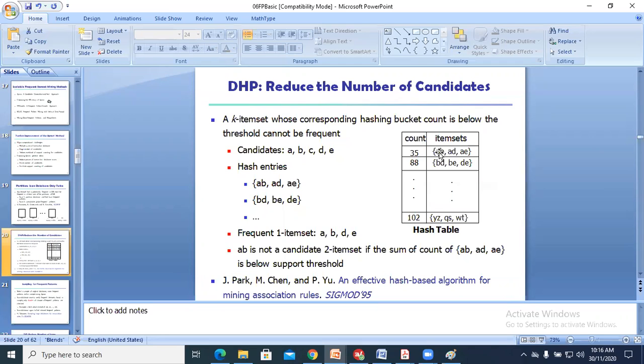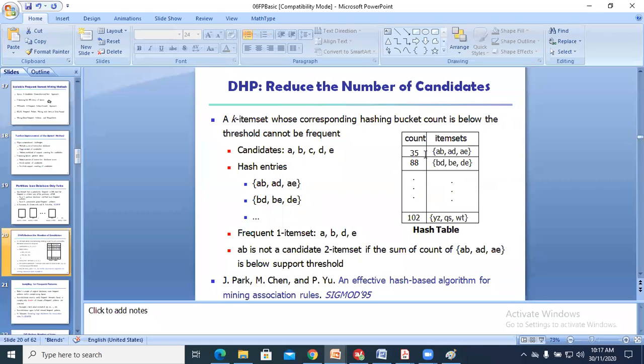So all the candidates of the 2 item sets, for example, AB is not a candidate 2 item set if the sum of the counts of AB, AD, and AE is below the threshold. So we will choose only those 2 item sets which satisfy the minimum support criteria in this hash basket count table.